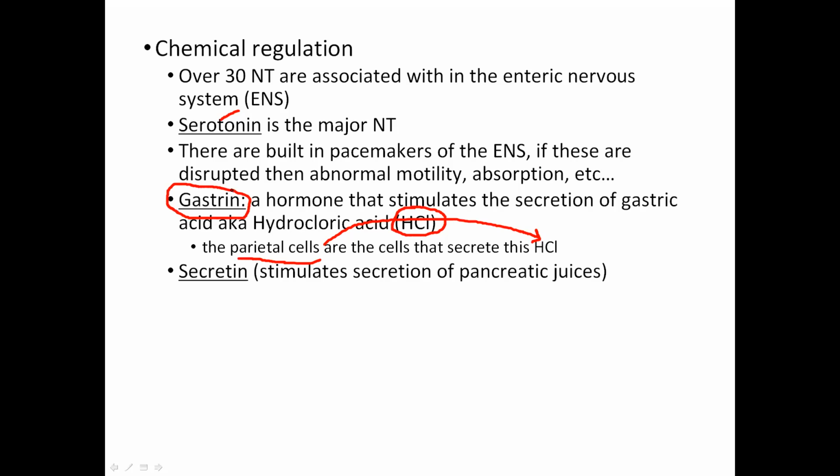Now, clinically, a lot of people have a condition called hypochlorhydria, which means they have low hydrochloric acid release. When this happens, they usually get digestive problems, heartburn, acid reflux, and whatever, because they're not breaking down the proteins in the food properly because of a lack of hydrochloric acid release.